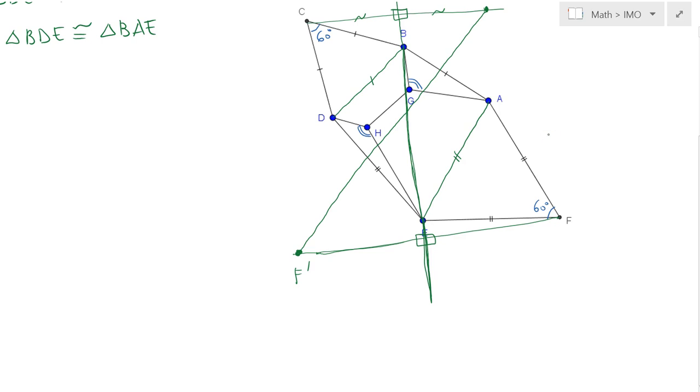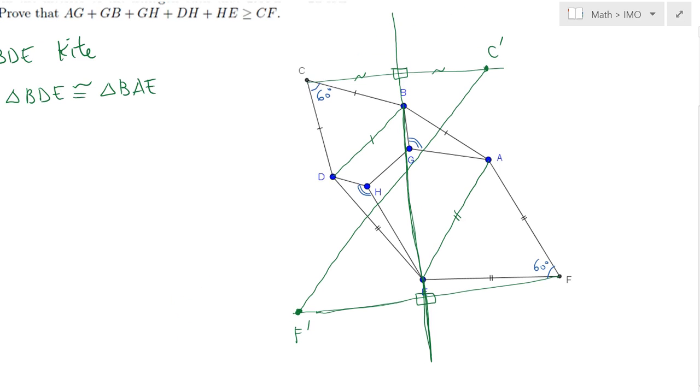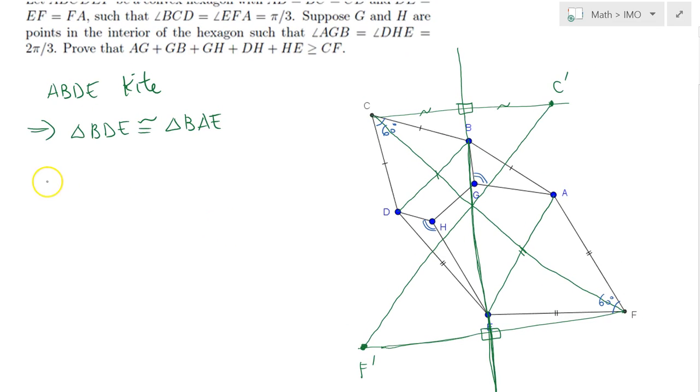Moreover, we can say further that the two will intersect on the axis of symmetry, right? CF and C prime F prime. Let me write that down. CF intersection C prime F prime, let's call it X. X is on BE.